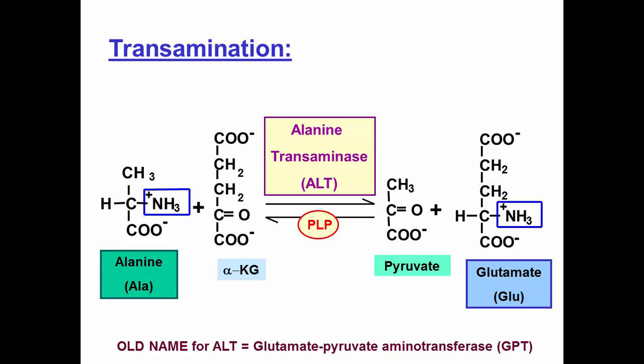So it's a way of helping us know what tissue might be damaged, because when tissues are damaged, they release their internal enzymes. The cellular content of enzymes will spill. So AST might be higher after a heart attack. ALT tends to be higher than AST if you've got liver damage, for example.